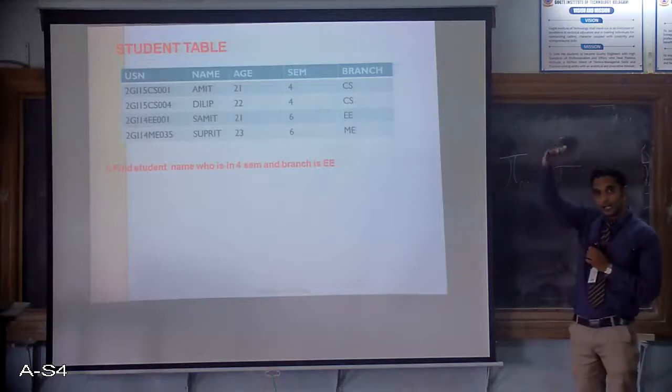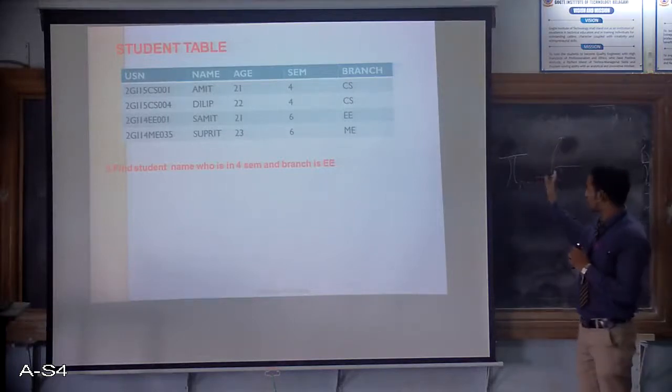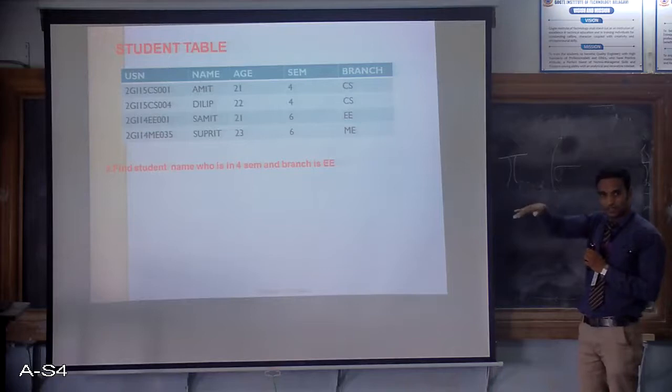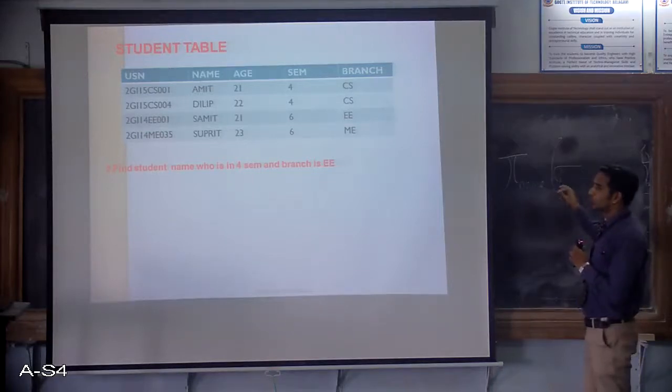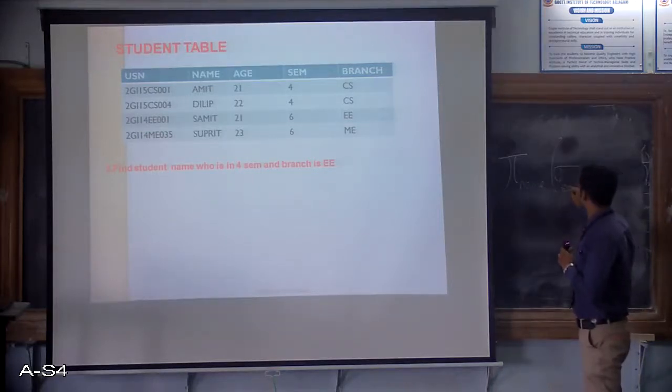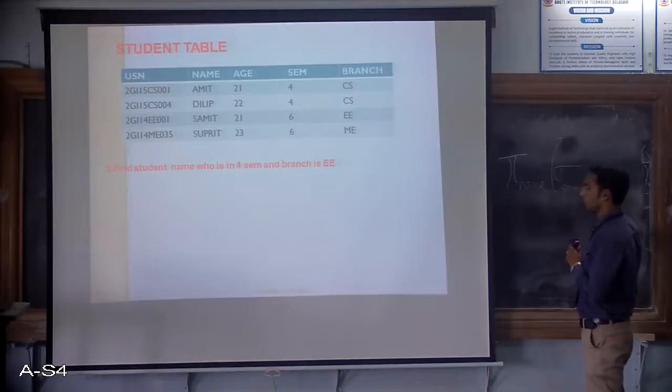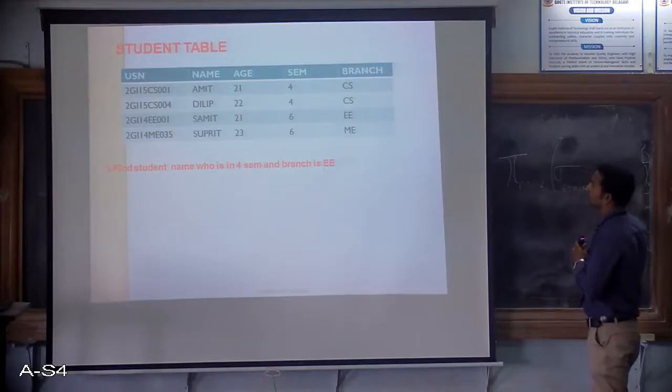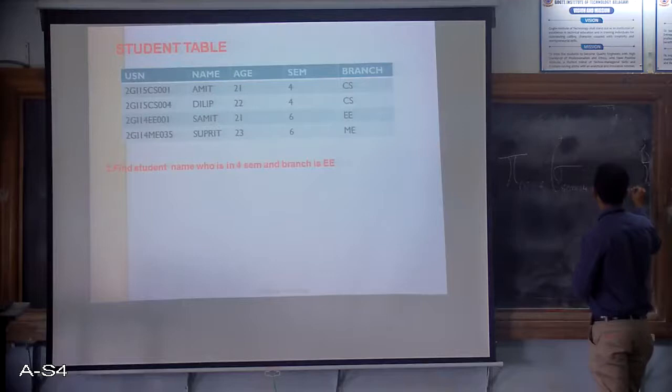Pi will work at the higher level, column level, whereas select will work at the table content level. So select those rows where sem is equal to 4, just a normal Boolean operation, and branch is equal to EE from the relation student.